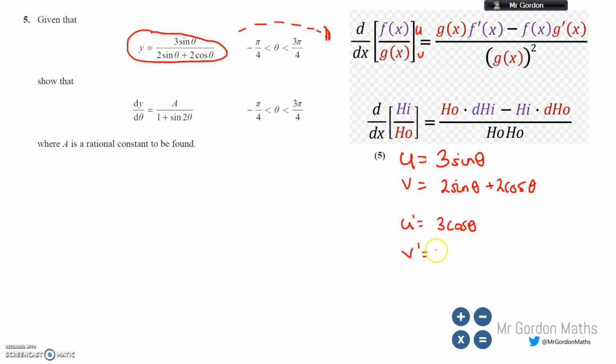We're differentiating sine and cos again. So v prime is just going to be 2 cos theta, and cos differentiates to minus sine, so you have minus 2 sine theta. That's going to be your differential of v, okay?